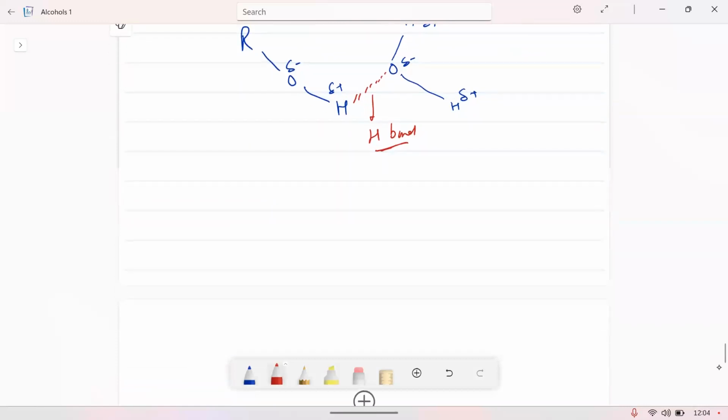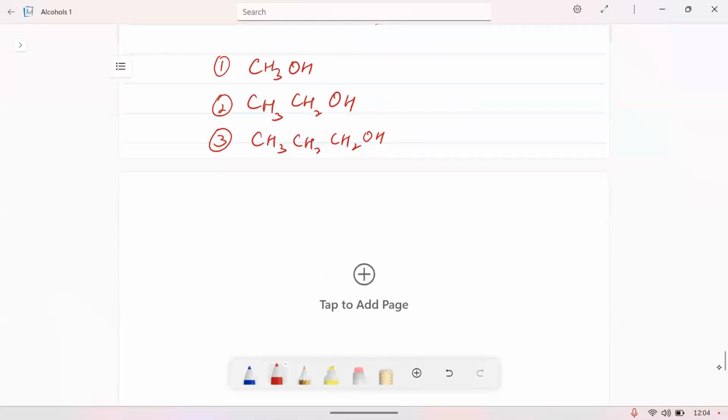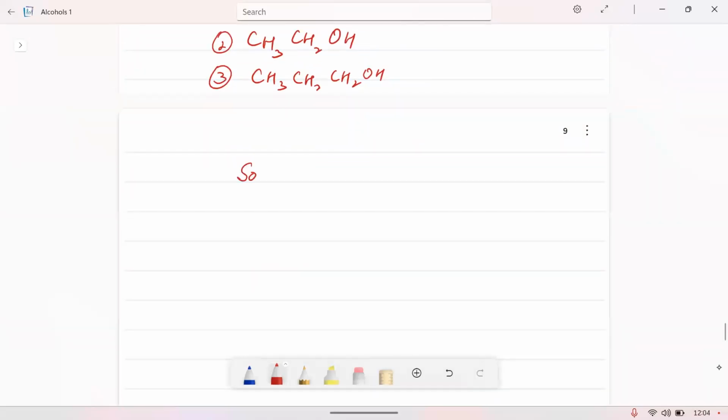Now again, if you are comparing CH3OH, CH3CH2OH, and CH3CH2CH2OH, here the solubility of alcohols, and this is the same thing also for carboxylic acids, decreases with increasing molecular mass.